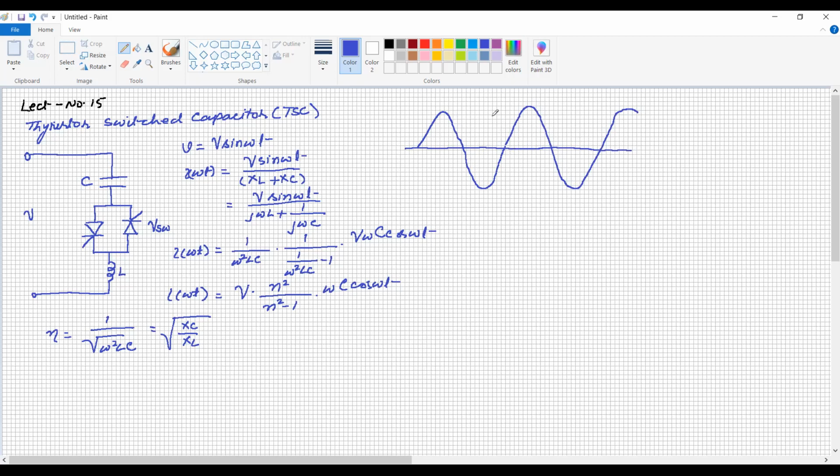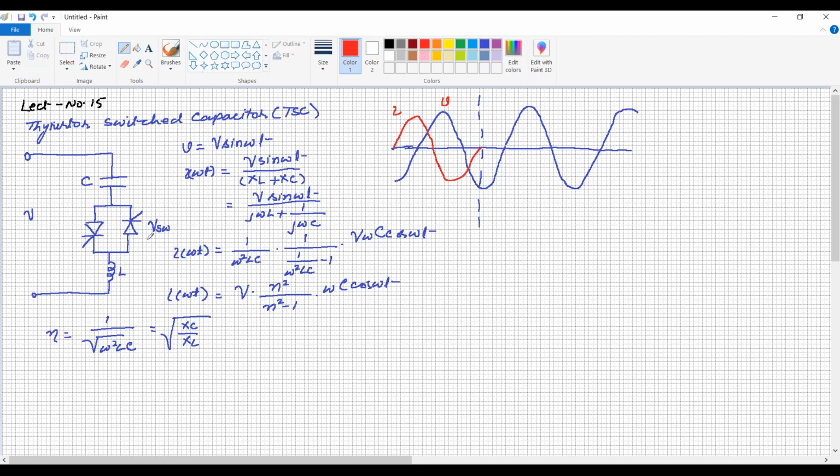And now, this is the current, the capacitor current. This is the capacitor current I, and this is voltage V.